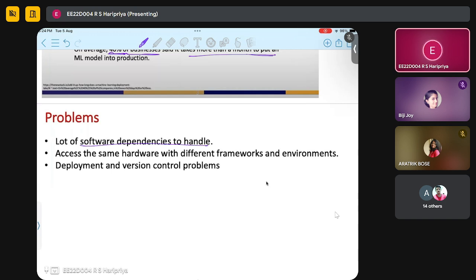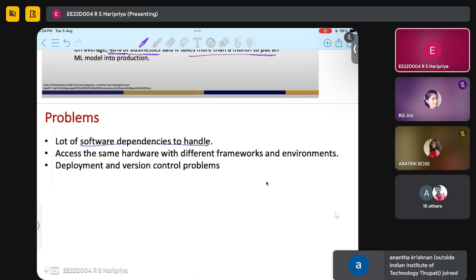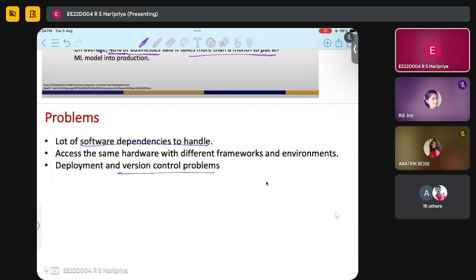So we need to access the same hardware but have different frameworks and different approaches to solve. And we need to deploy with a version control problem. So these are the three problems which we encounter when working on a common shared hardware.